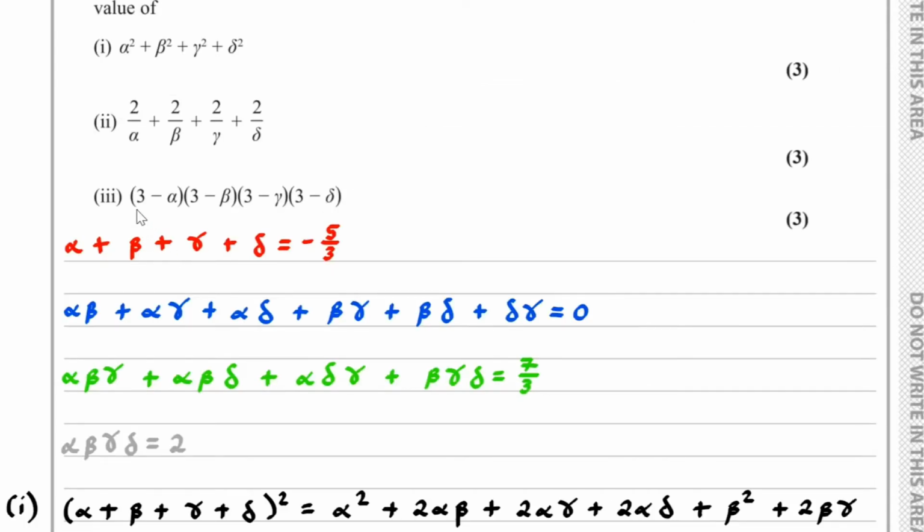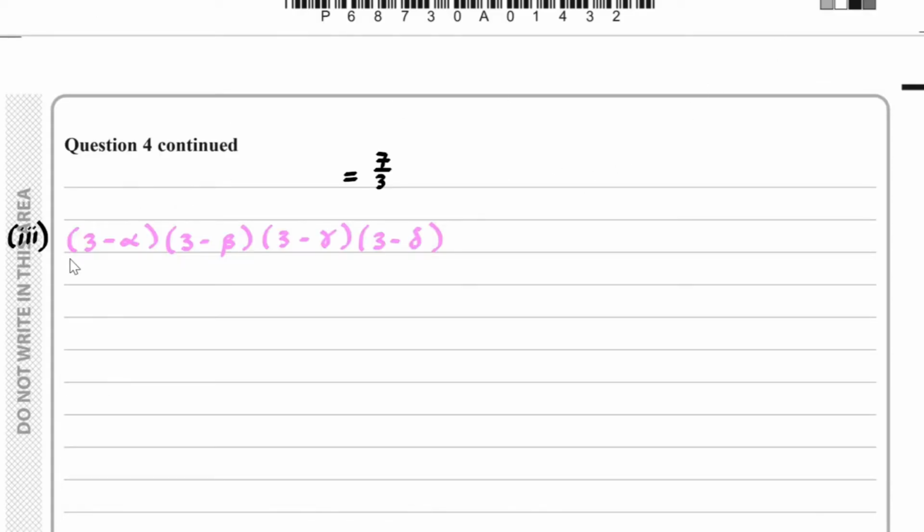And now we have 3 minus alpha times 3 minus beta times 3 minus gamma times 3 minus delta. And what this is the same as is multiplying. Well, if I times this bracket with this bracket, I've got 9 minus 3 alpha minus 3 beta plus alpha beta.